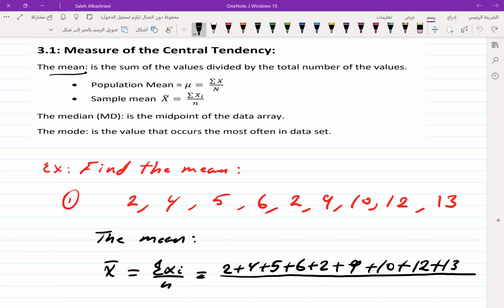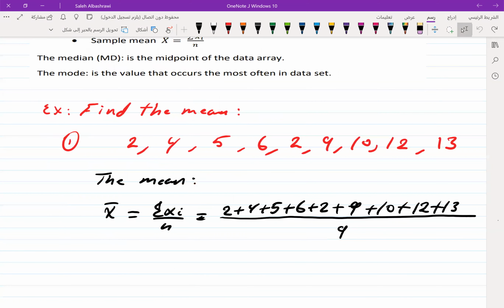We have 1, 2, 3, 4, 5, 6, 7, 8, 9. So divided by 9, which is equal to, find the sum for this one. 2 plus 4 is 6, plus 5 is 11, plus 6 is 17, 19, 28, 38, 50, and 63. So 63 divided by 9 is equal to 7. So the average or the mean of these values is equal to 7.